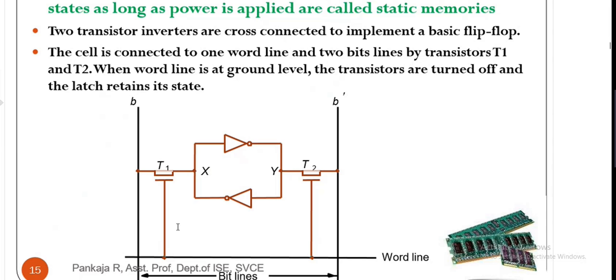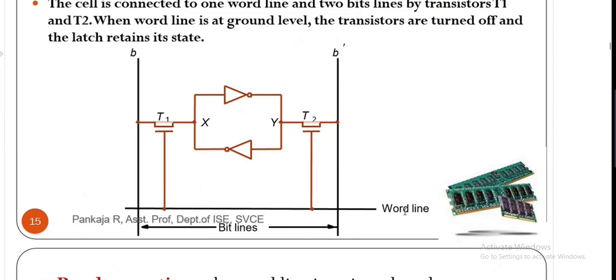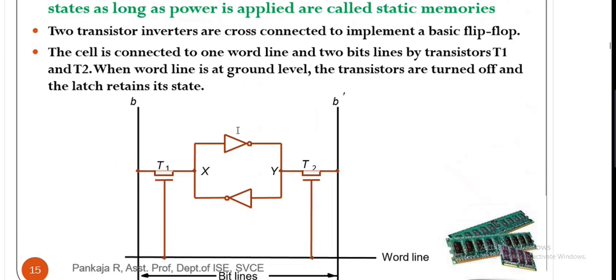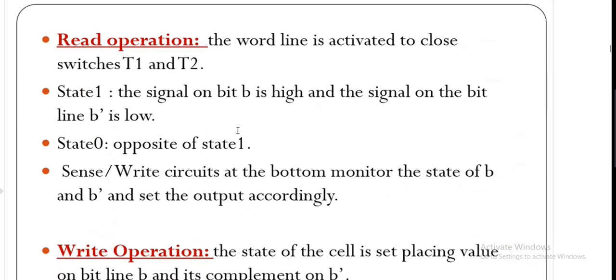Now you need to understand, can you observe here? The word line is nothing but the row, and the bit lines are B and B dash, indicating the value may be either high or low, that is 1 or 0. So how does the read operation take place?